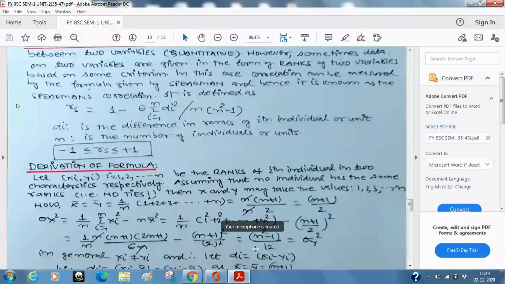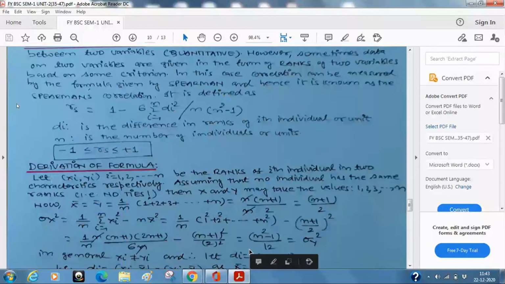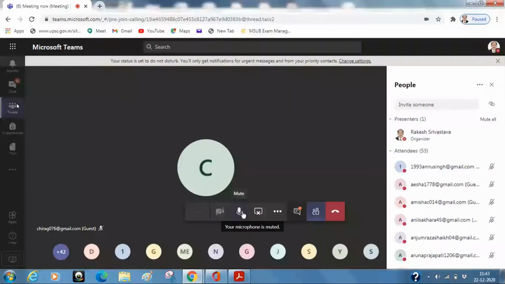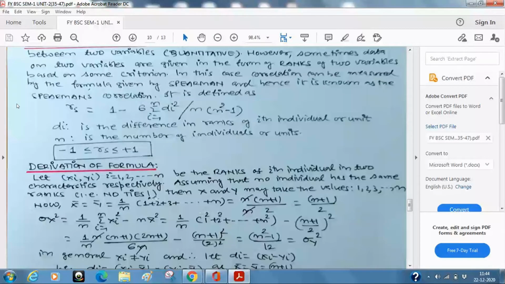This is because whatever it may be, whether it is x or whether it is y, right? Just a moment. एक मिनट रुकिए. So this is what I was telling, whether it is say x or whether it is y, how does it matter?